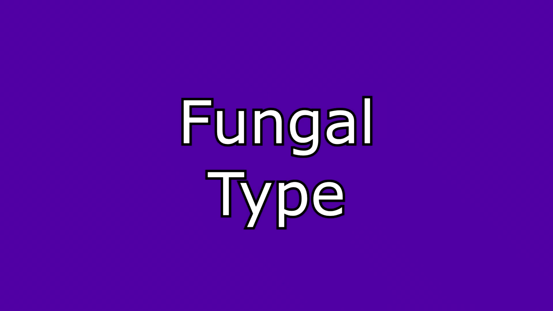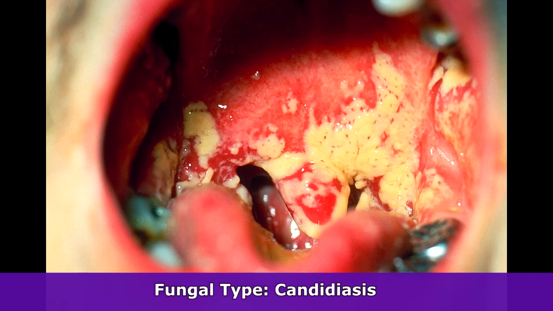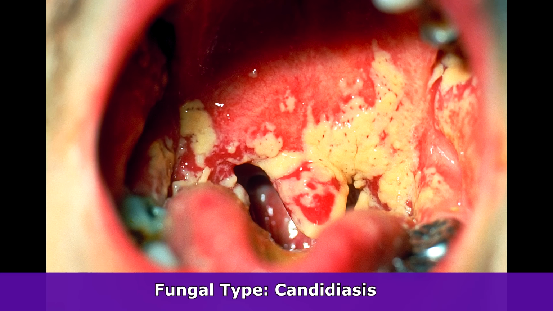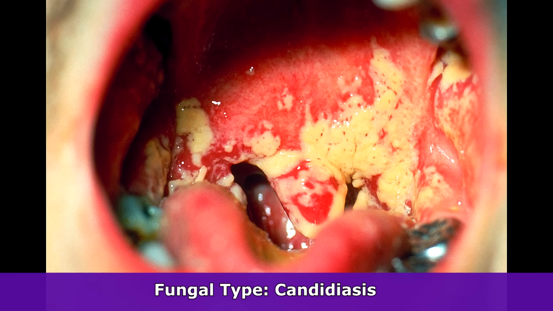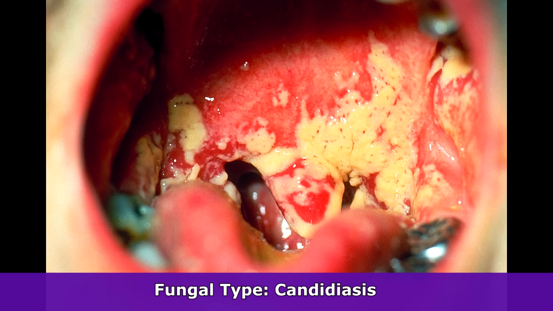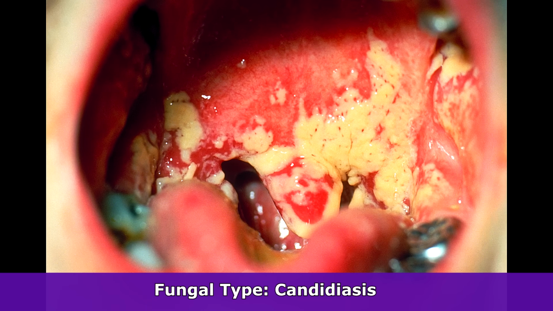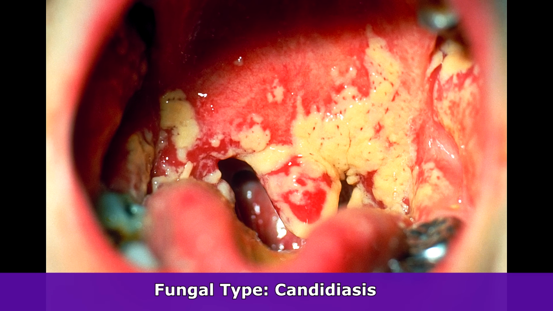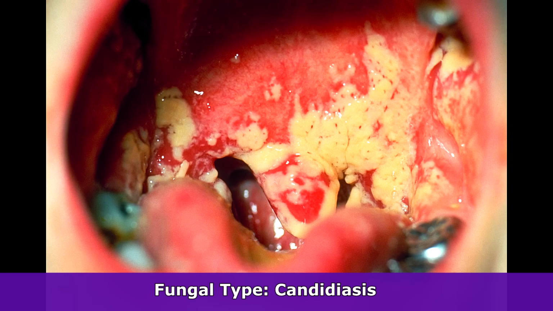Next type is fungal, such as candidiasis. This actually happens in people who don't have AIDS, but whenever a person does have AIDS, it can be severe and really hard to treat. This can be found in various places such as the mouth, the vagina, and lungs.